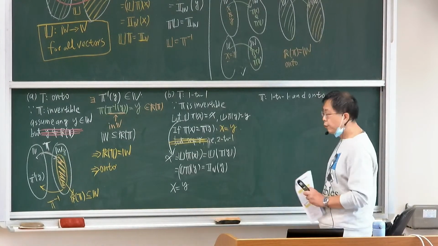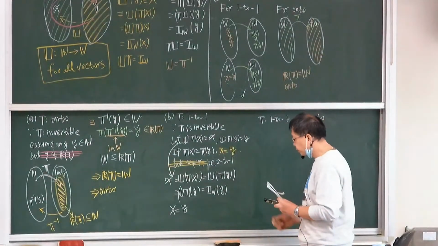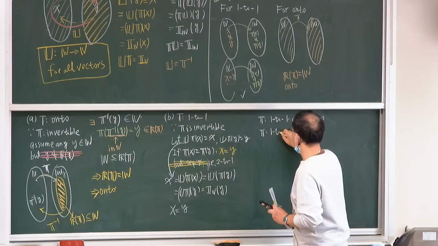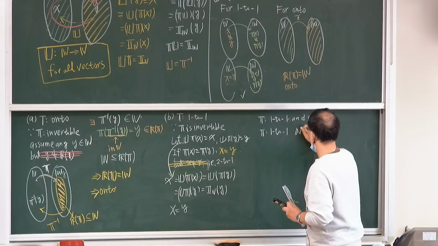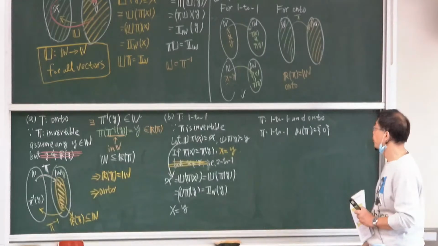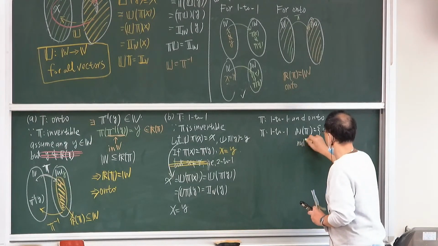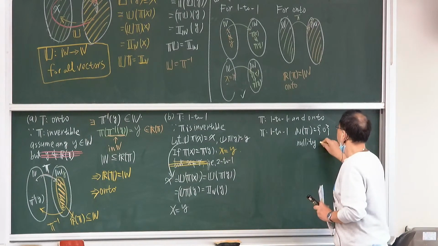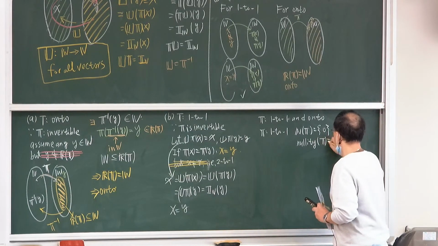From the dimension theory, if T is 1 to 1, the null space of T is the zero vector only, so the nullity of T equals 0.